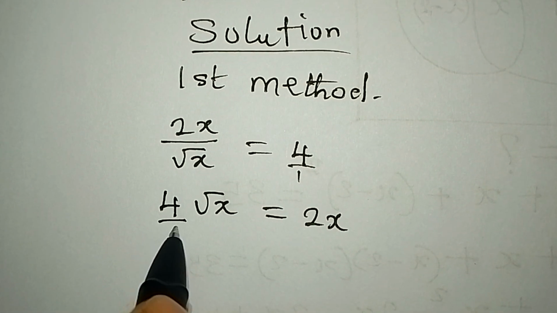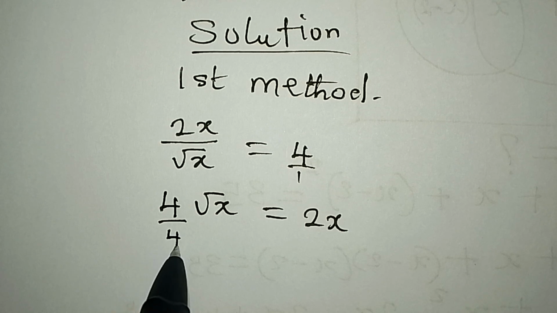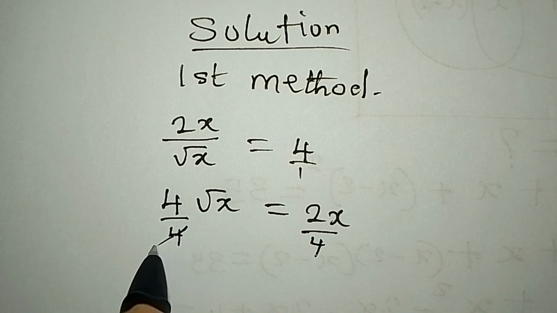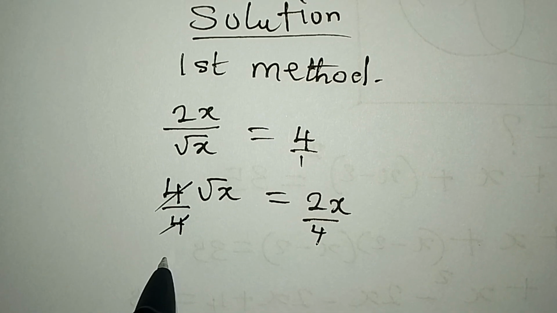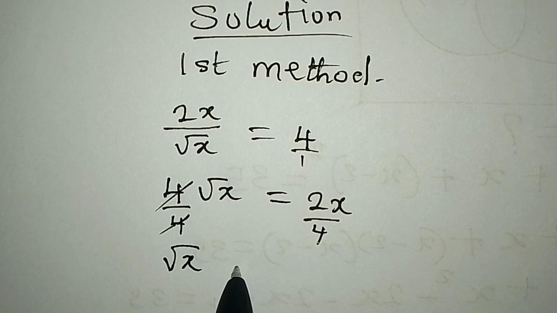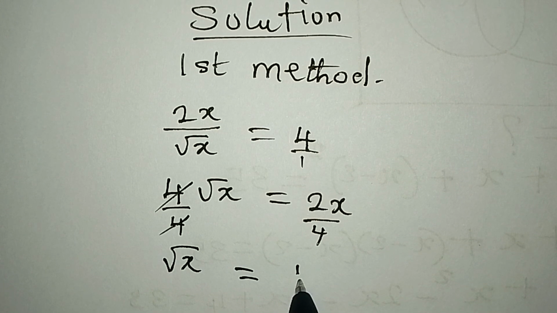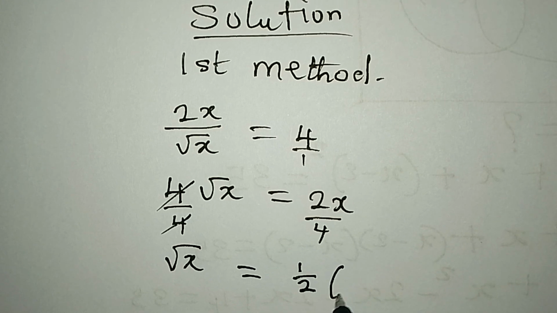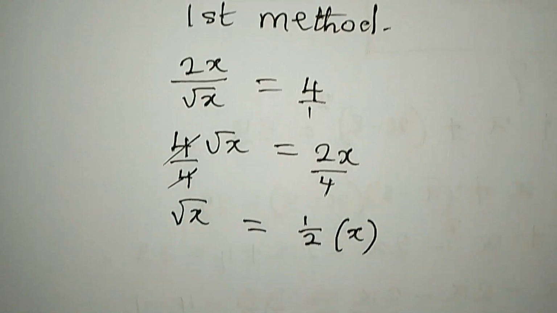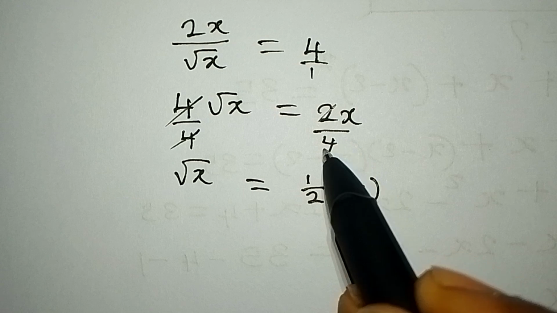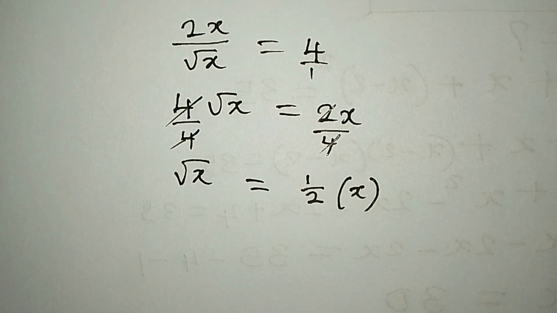Now divide this by 4, divide this by 4, this will go with this. Now square root of x will be equal to 1 over 2 of x, because 2 will go here one time and it goes here two times, right?